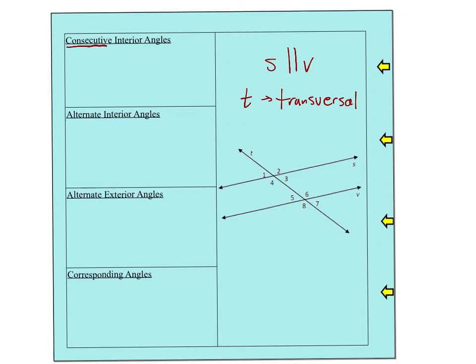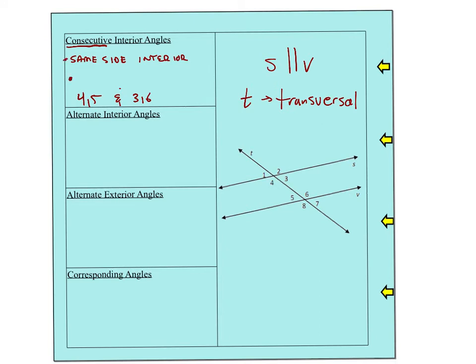I'll give you the quick example. Consecutive interior angles are going to be 4 and 5 and 3 and 6. Sometimes they're also called same side interior angles.